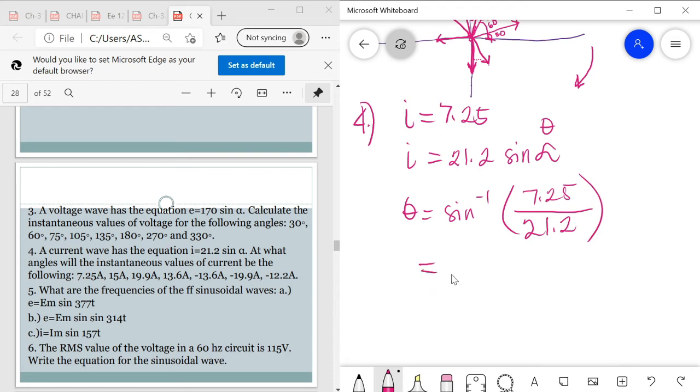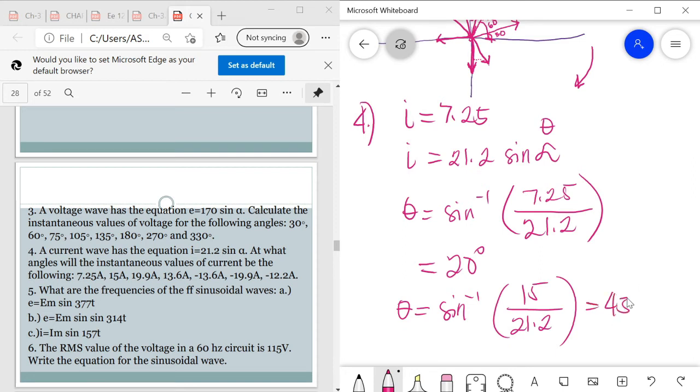So that is equal to 19.997, or let's just say 20 degrees. Next is 15. So theta is equal to arc sine of 15 divided by 21.2. What is the angle? 45.036 degrees.